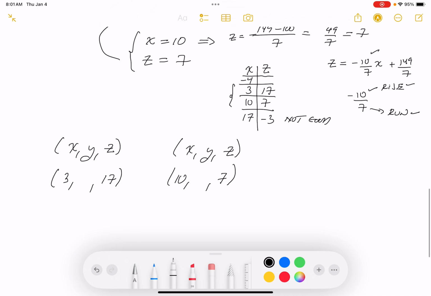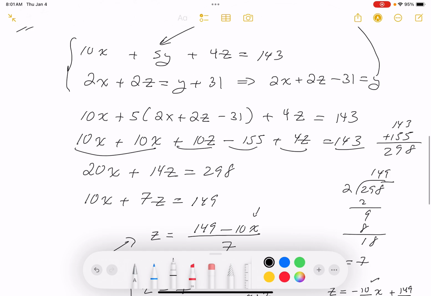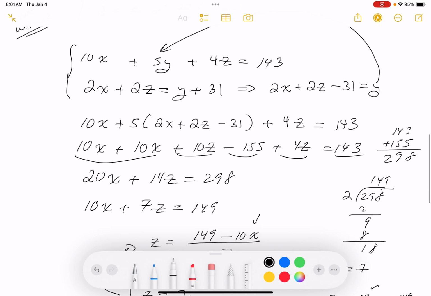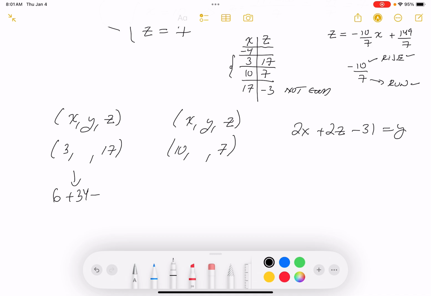Well, I have to go back and figure out the y. I can get it from 2x, 2z minus 31 is equal to y. So it's going to be 6 plus 34 minus 31 would be the y value. That's 40 minus 31, which is 9.